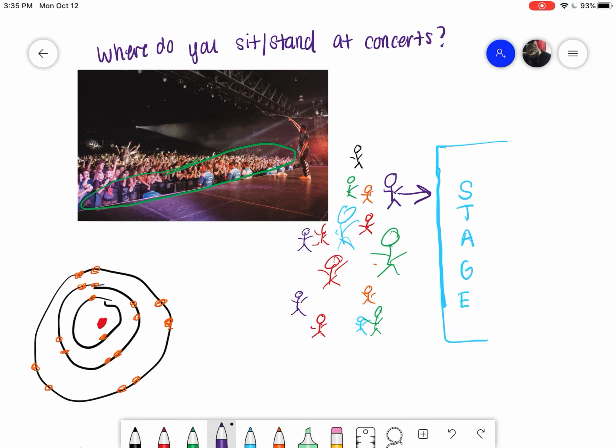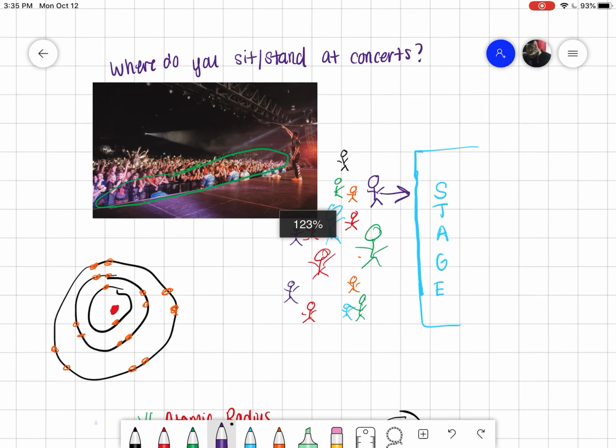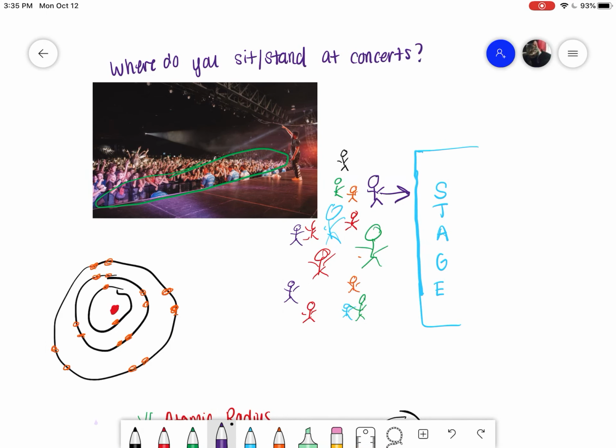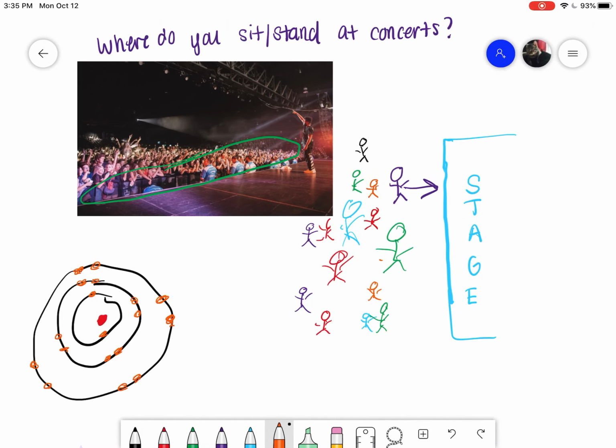Our atom is kind of the same way. When we keep adding electrons in an energy level, so in my second energy level, as I keep adding electrons, it gets closer and closer to the nucleus because there's an attraction between the electrons on the outside and the positive protons in the center.